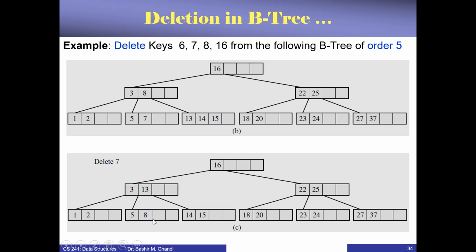Okay, you have two options for merging. In this case, you can merge with the right. So 13 and 14, 15 will come and form one node with 5, of course, with the 8 deleted. Or merge this node with the left: 1, 2, 3, 5. The 8 will be deleted.